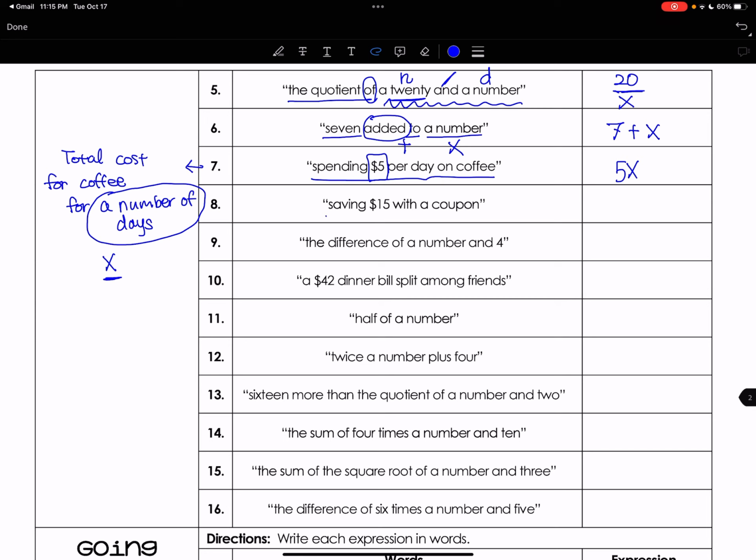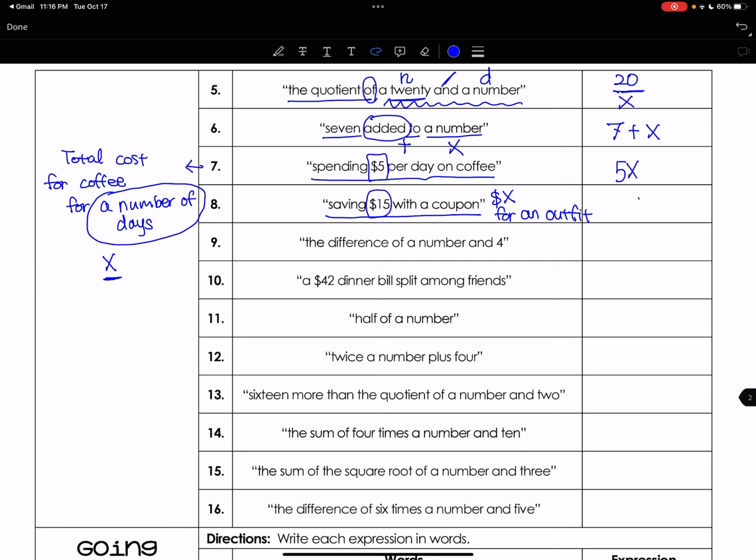And then saving $15 with a coupon. So you were going to spend X dollars for clothing, an outfit price for an outfit, and you're saving $15.